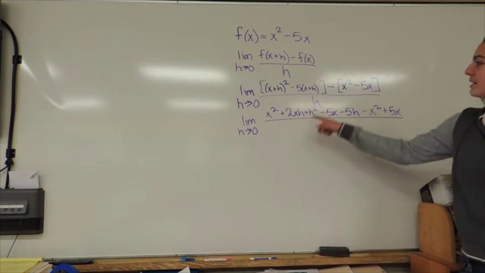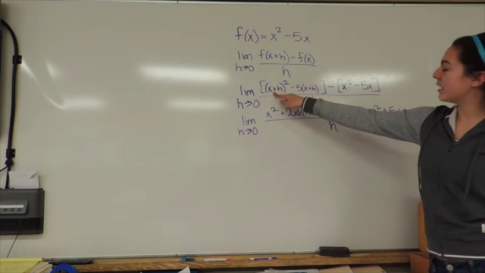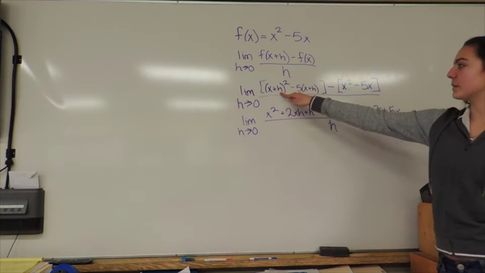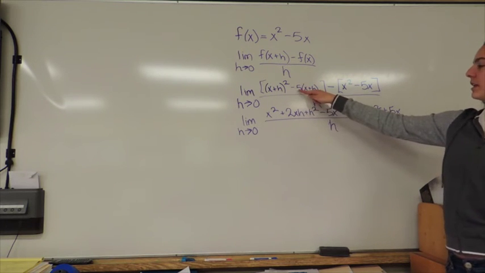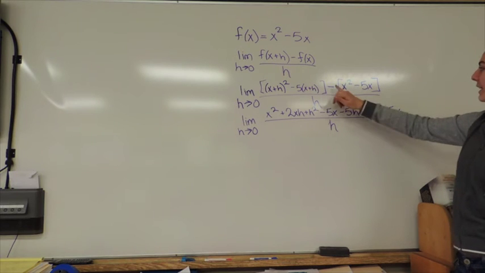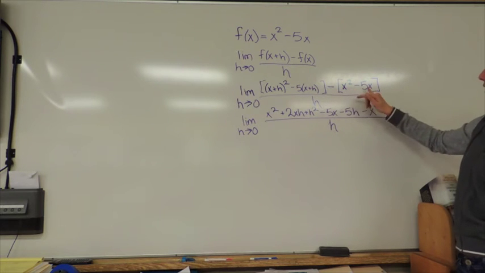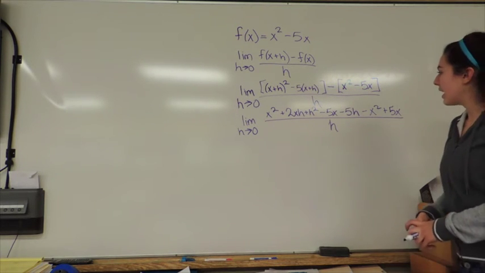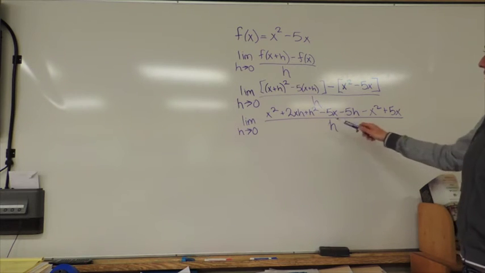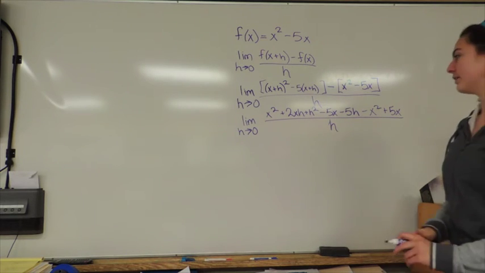And so what I just did is I expanded x plus h squared, I distributed 5 to x and h, and I distributed the negative across x squared and 5x. And so now I'm going to try to simplify the stuff on the numerator of this.